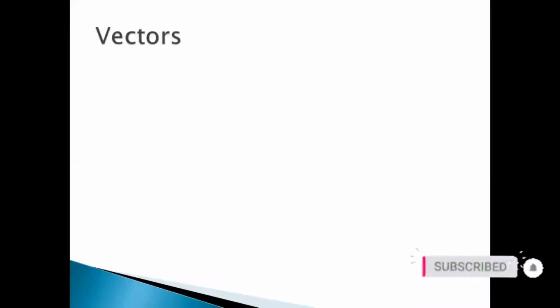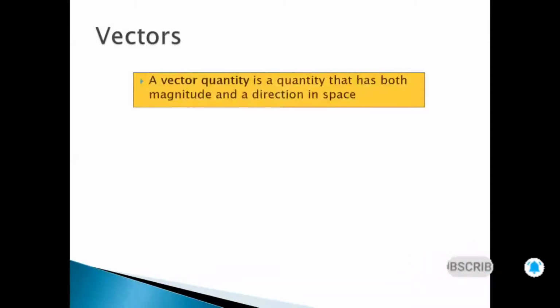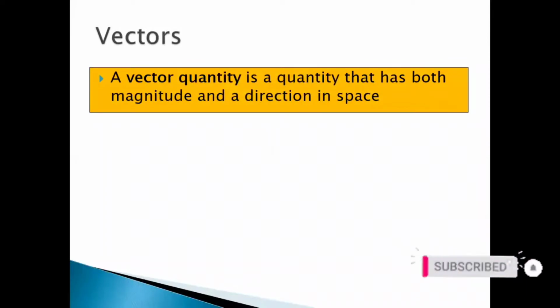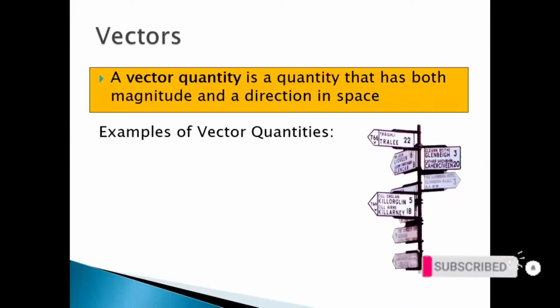However, when we say vectors, it is a quantity that has both magnitude and direction in space.